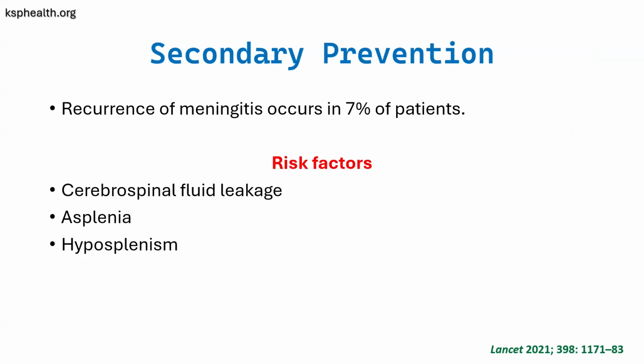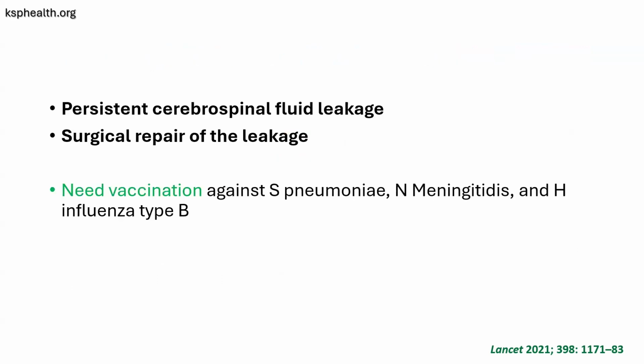Recurrent meningitis is seen in 7% of the patients. The risk factors are cerebrospinal fluid leakage, asplenia, and hyposplenism. So when there is a persistent cerebrospinal fluid leakage, surgical repair of the leakage needs to be done.